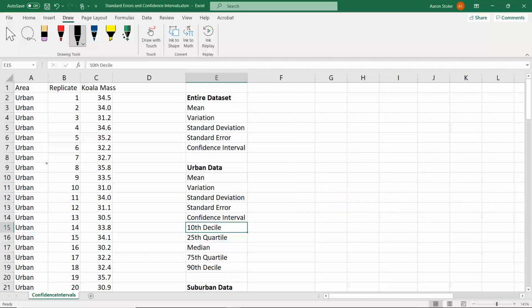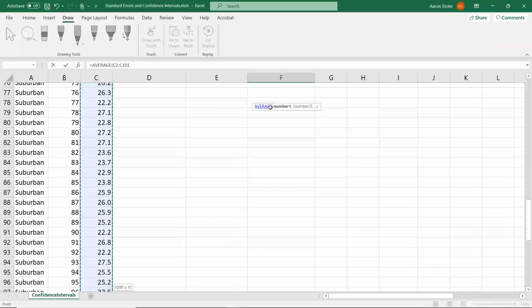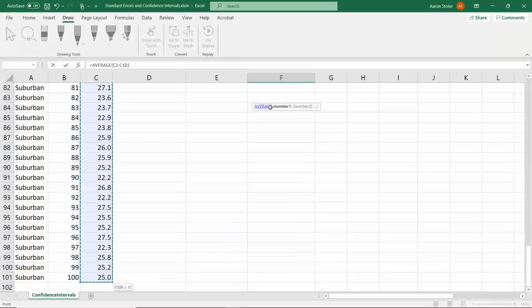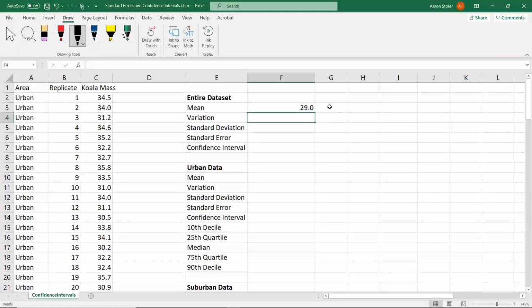Erase all this. To calculate our mean for our entire data set, it's simply equal to average of our entire data set. Not the geometric mean, we're leaving that behind us. So just the average of our entire data set, C2 to C101.